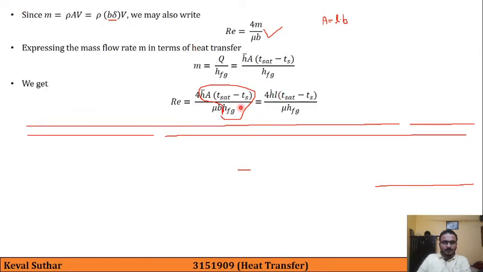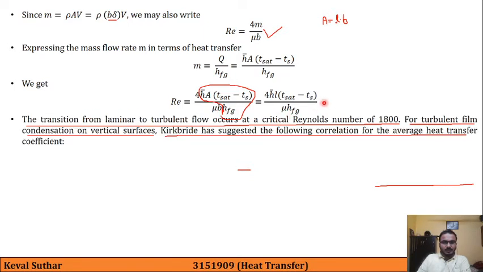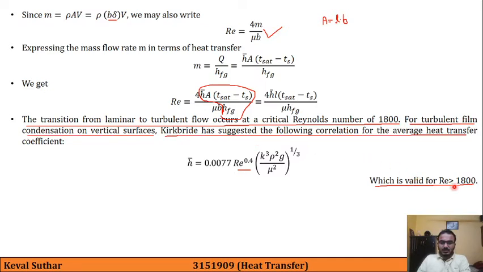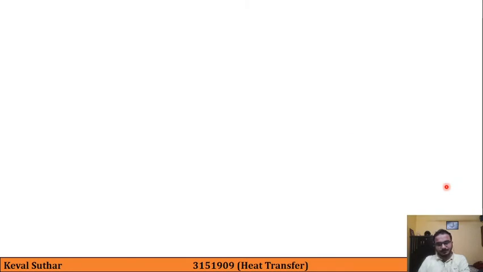And finally we are getting the value of Reynolds number as this. And Kirkbride has suggested the following correlation for the average heat transfer coefficient, which is only applicable to turbulent flow, and it is valid only for Reynolds number greater than 1800.